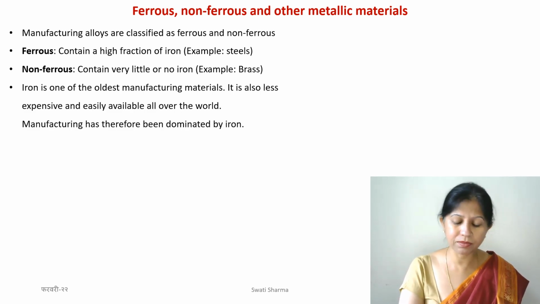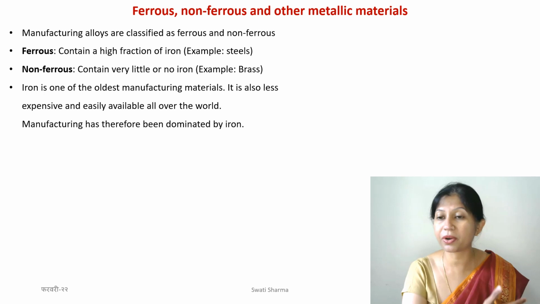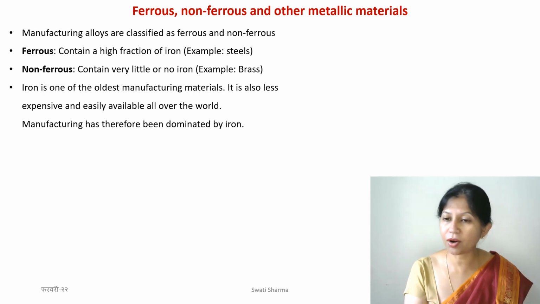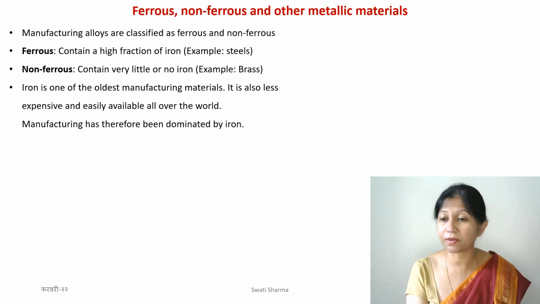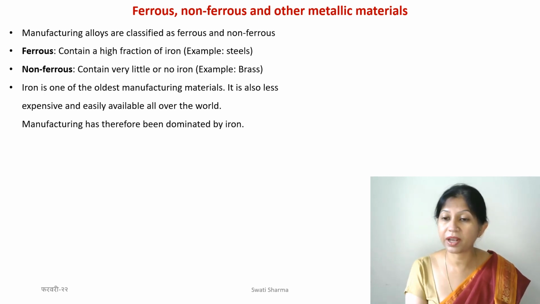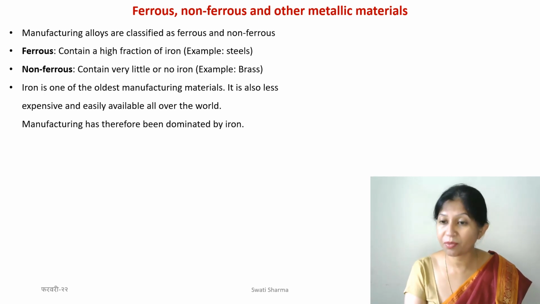Why? Iron is also a very easily available metal, which was in the past available pretty much all over the world, and it can also easily be processed, and that is why people started their manufacturing with it. Compared with copper, iron also had relatively higher mechanical strength, so this has been a material which is used for a very, very long time. This also means that when the Industrial Revolution started, and manufacturing was taken to industry rather than being done by hand manually, initially a lot of processing equipment was actually designed for processing iron.